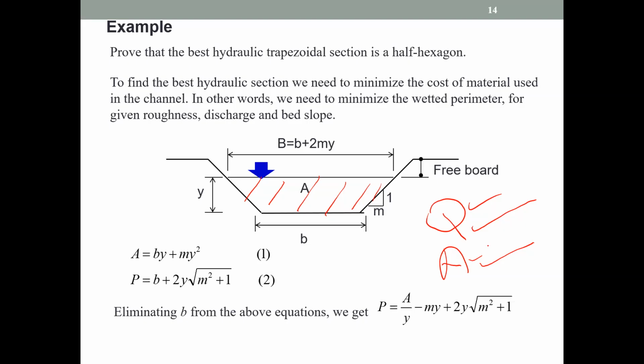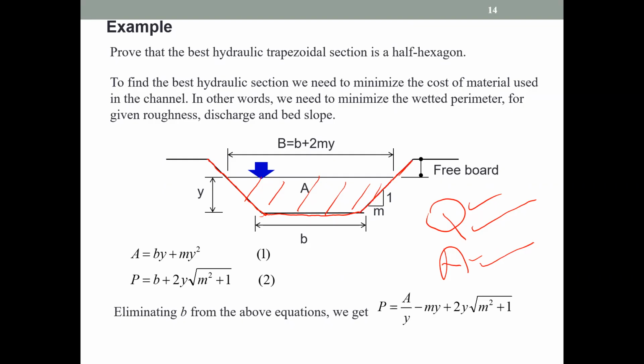So if you need to minimize the construction cost, what should you do? Any idea? If you need to minimize the construction cost of this section, what should you minimize? The angle and slope, no? Yes, exactly. Actually, you need to minimize this wetted perimeter.